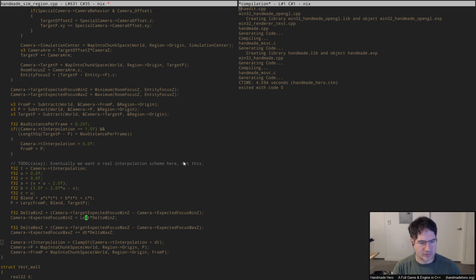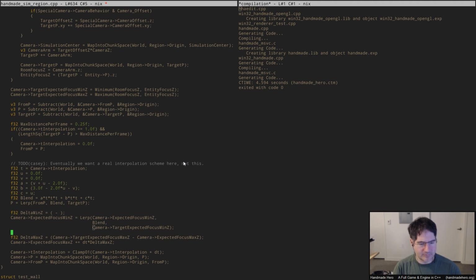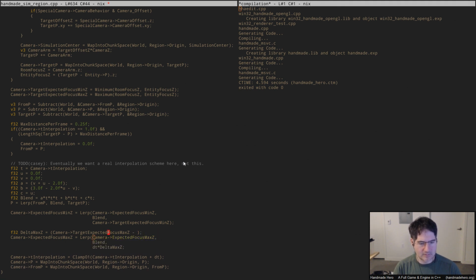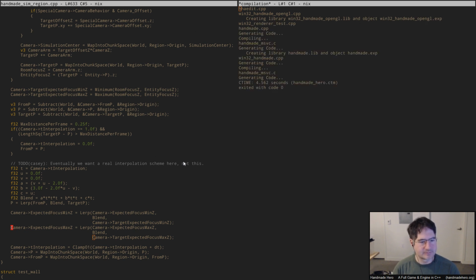So this would also be a lerp, where we would take the expected focus min z and the expected focus max z, and we'd blend between those. And that way it's also stable per frame and doesn't have a weird dependency. I just want to take that out of the mix so that we're not getting weird results due to that or something. If that makes sense.